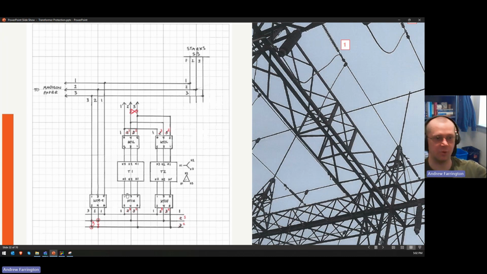They couldn't close it in while both sides were energized because they had the wrong phase shift. So the two 34 kV lines were 60 degrees out of phase.